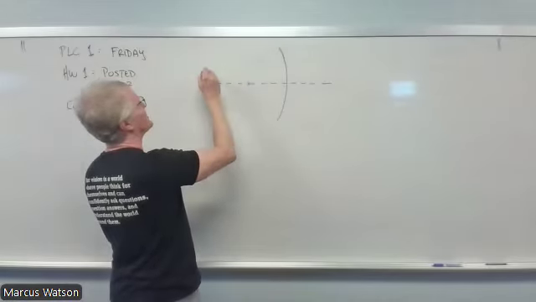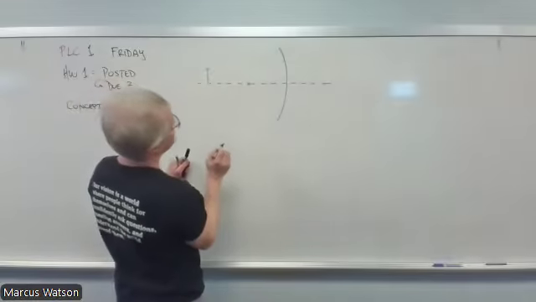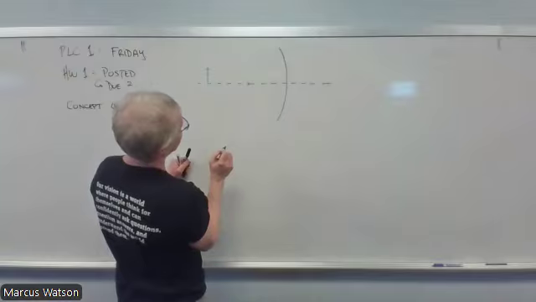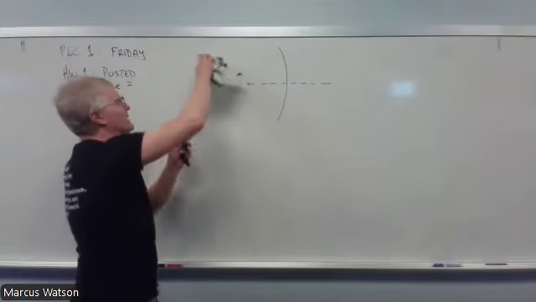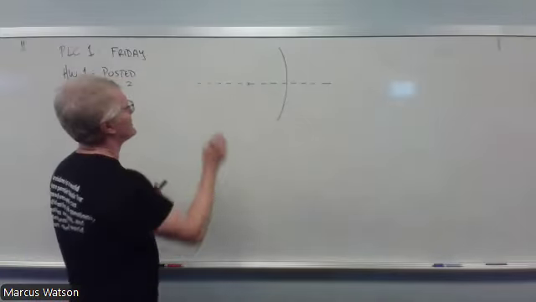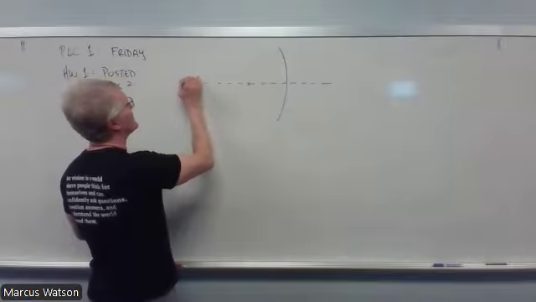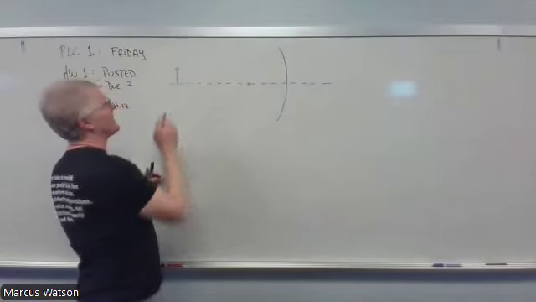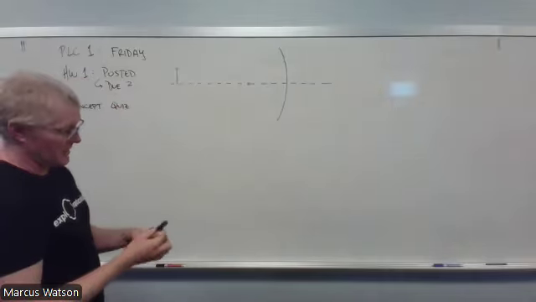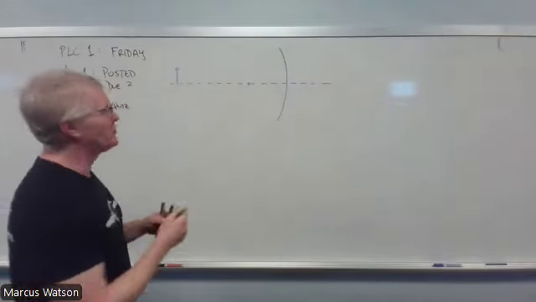Let's put it here. Actually, I'm going to scoot it a little further out than that. Let's go for here. Okay, object. I'm going to draw rays 1 and 2 for this right now.